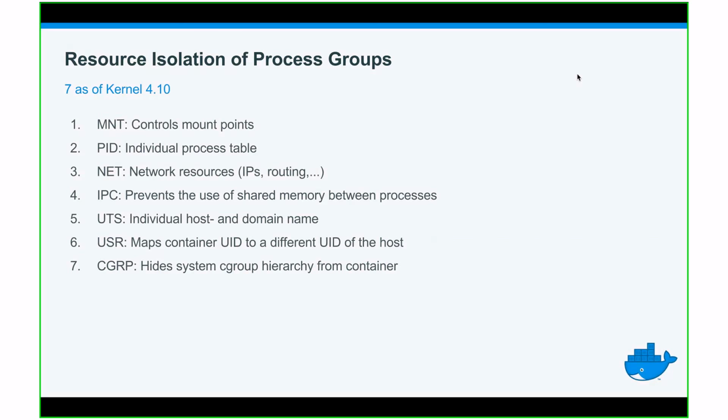Then the UTS namespace, it's a rather strange one. It only provides the host and domain name. It's the Unix time-sharing namespace, so it's an old one. The user namespace allows you to have a root process within the container with the user ID 0, right, root. But from the kernel perspective, it has a different user ID.